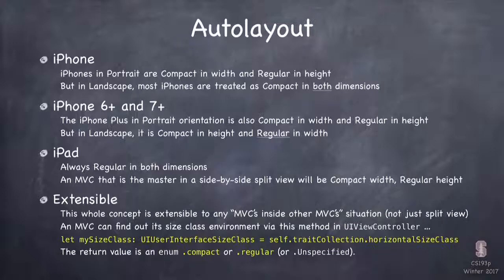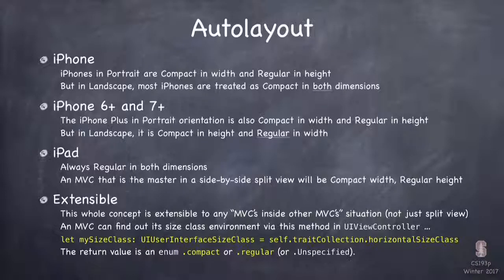Now, this whole mechanism of compact and regular and size classes, of course it's built in for the devices as I described above here, but it's also extensible. So if you were to write your own thing where an MVC was embedded inside another MVC, you could set or communicate whether that MVC is compact or regular in each of width and height. And kind of send a message to the MVC, hey, I've constrained your height, so make sure you deal with that, or I've constrained your width.